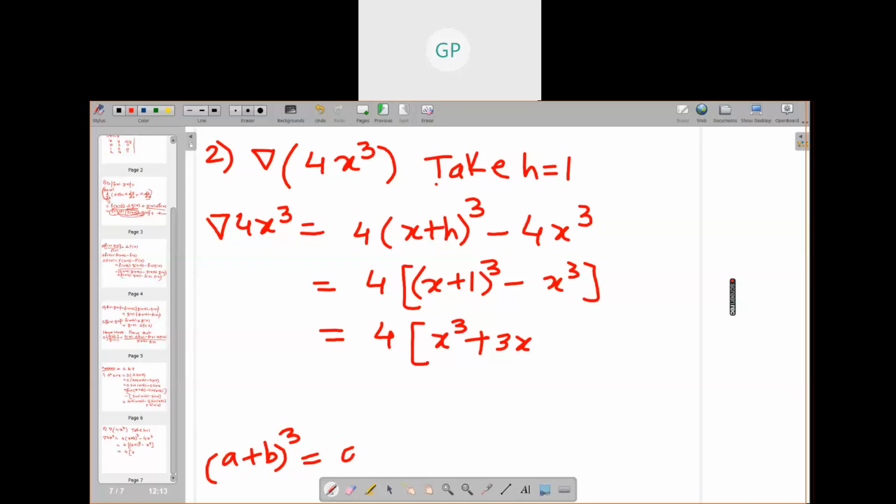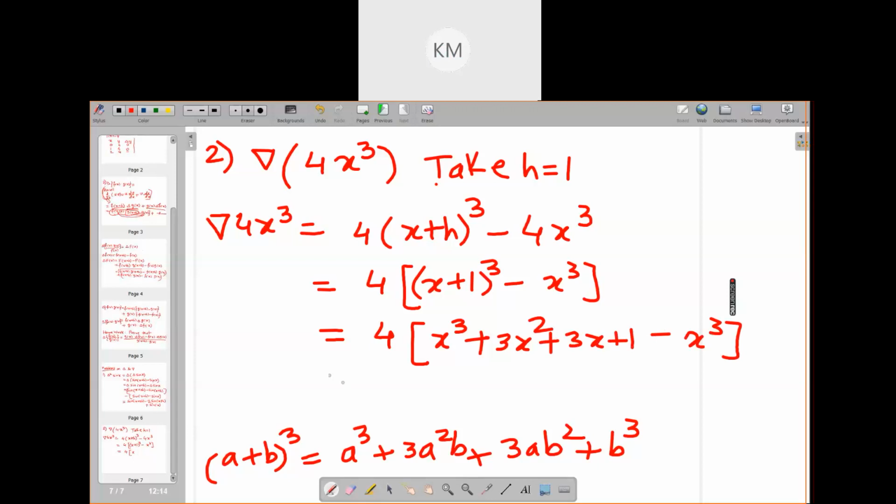You are in SY BSc and I am supposed to show you this formula, right? You don't study anything. You don't try to recall anything, okay? This is the formula of a plus b the whole cube. Am I correct? Yes, ma'am.